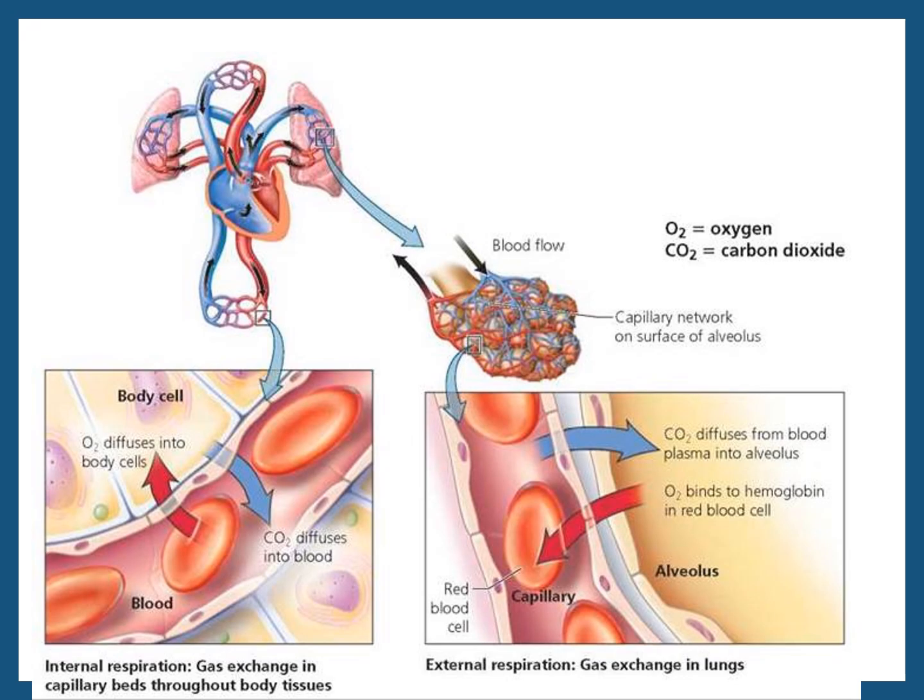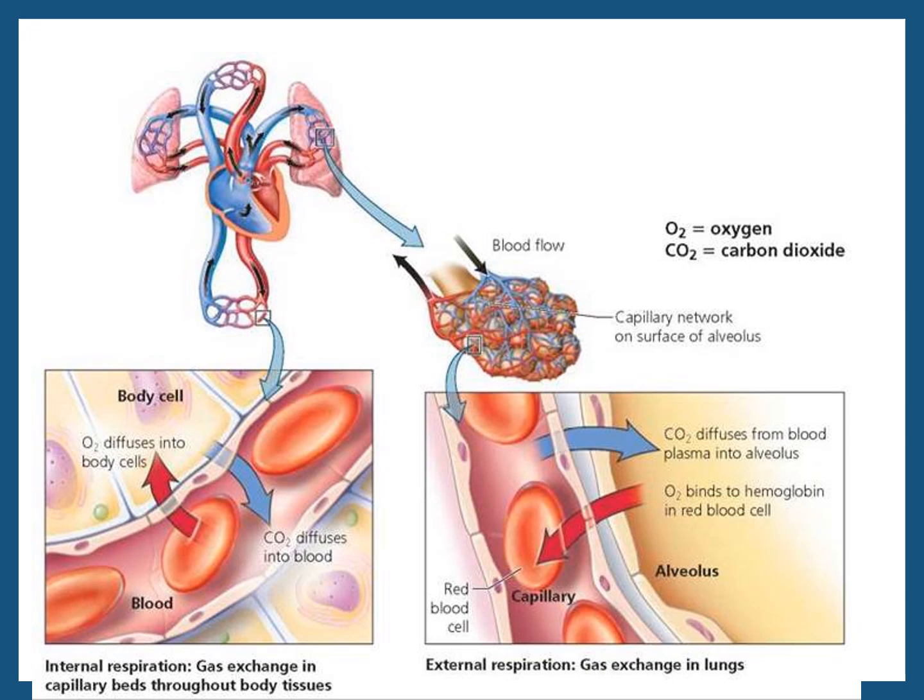So think about the flow of oxygen and the flow of carbon dioxide. Remember that your cells require oxygen for cellular respiration to make energy. Your cells have to use a specific form of energy called adenosine triphosphate, and they can make that from cellular respiration, but they've got to have oxygen.